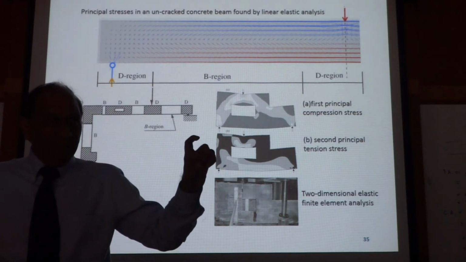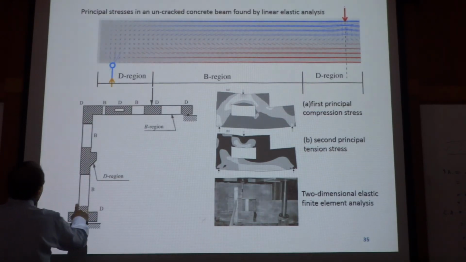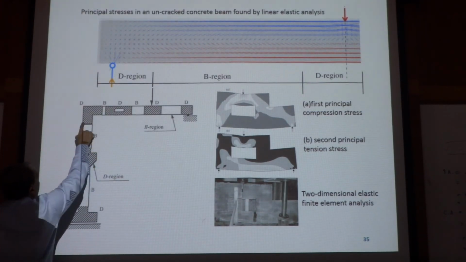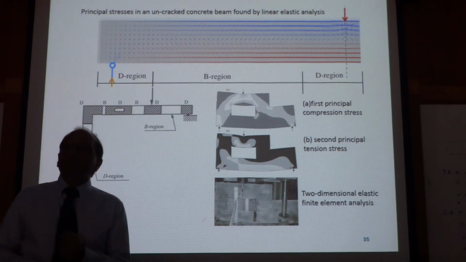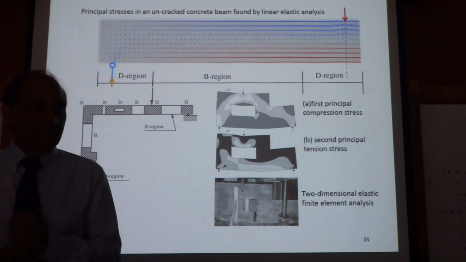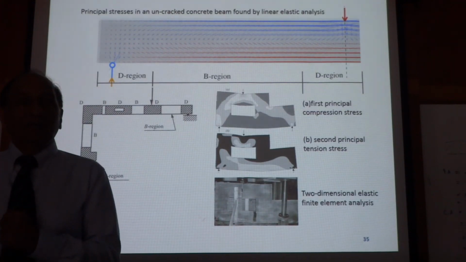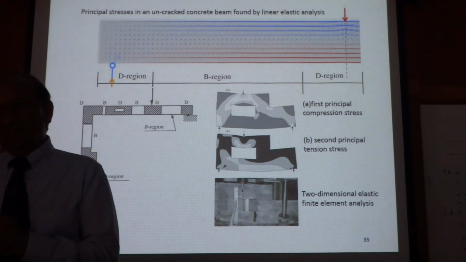Except for a simple beam, in a real structure, there are many portions which are D. So that means we need to deal with these portions with a proper design method, which the normal design that we have studied so far will not handle.